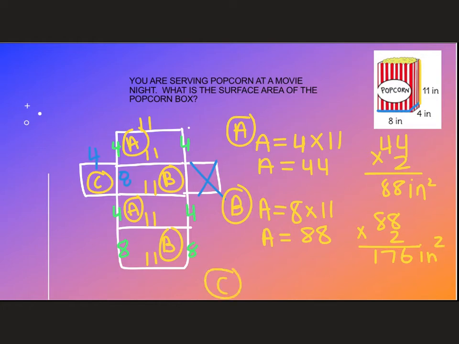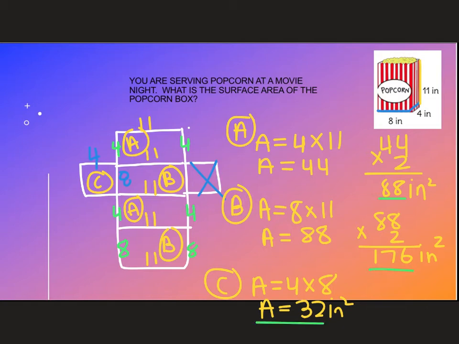And then shape C, last but not least, is our 4x8s. 4 times 8 is 32. Now in most surface area we really wanted to multiply by 2 here, but we only are talking about one value for C, so we use that 32. We do not multiply it by 2 here. So now we do what we normally do and add up our three areas.